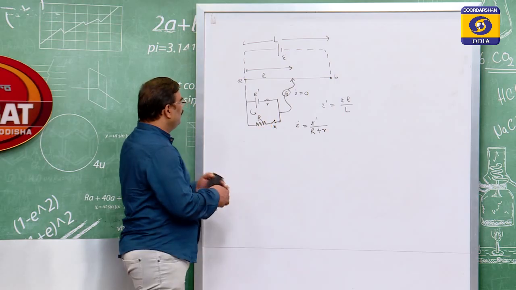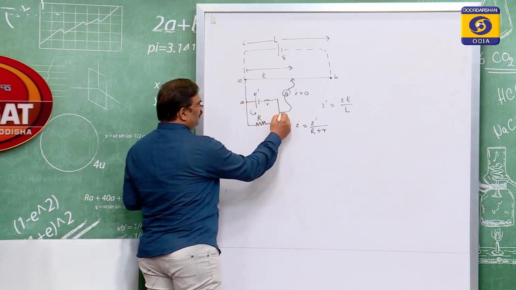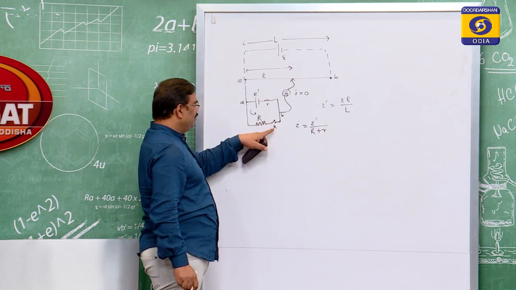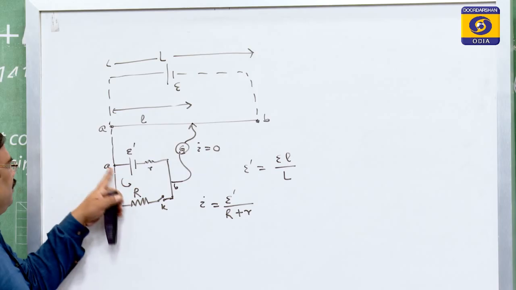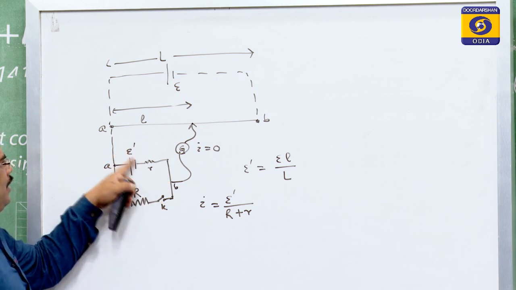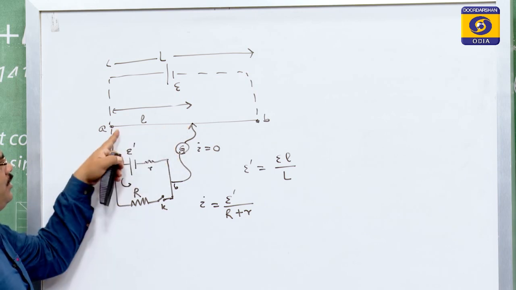Let us take this point as A and this point as B. When the key is open, the potential difference between A and B is E dash, and it is balancing with L section of this wire.